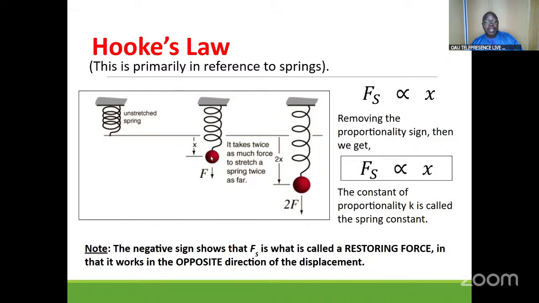By virtue of the gravitational force acting on the mass, there is some extension, as you can see in the middle diagram, where the applied force causes the spring to elongate, and that elongation is shown by a displacement measured as length x, as you can see on the screen.